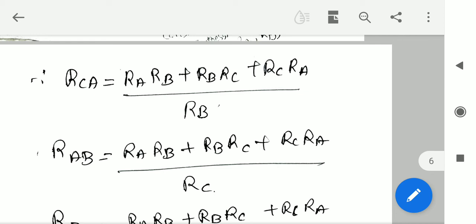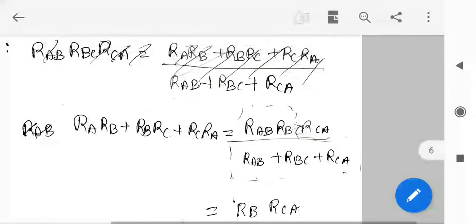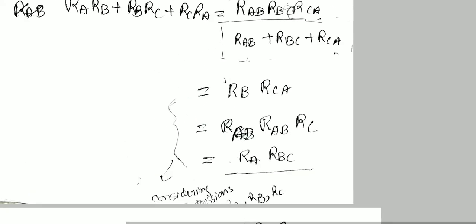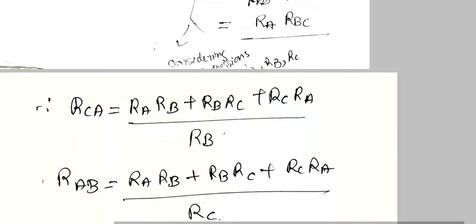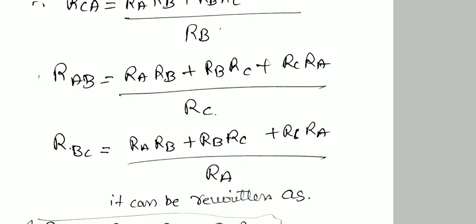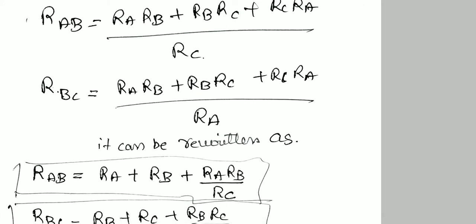If I want RAB, the numerator remains the same, so divide it by RC to get RAB, and divide by RA to get RBC. So RA into RB plus RB into RC plus RC into RA divided by RB, and similarly in the third case RBC is given like this.